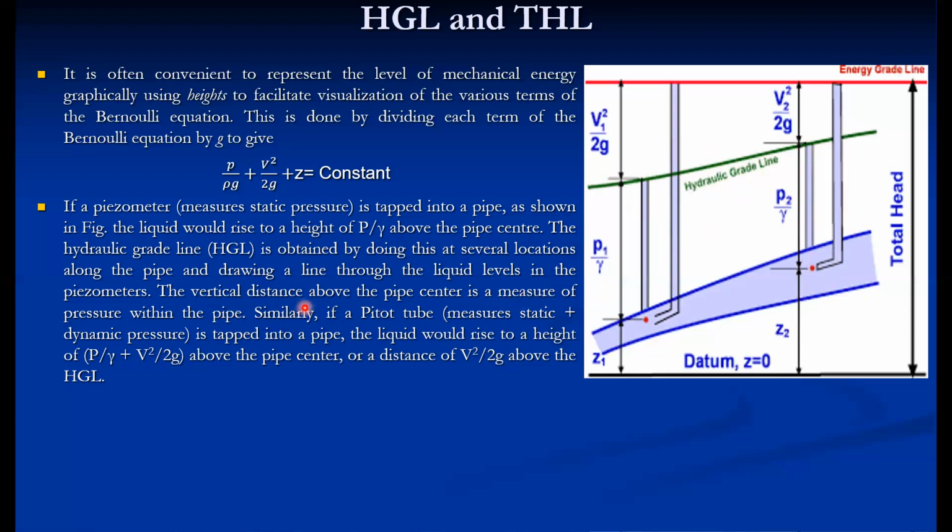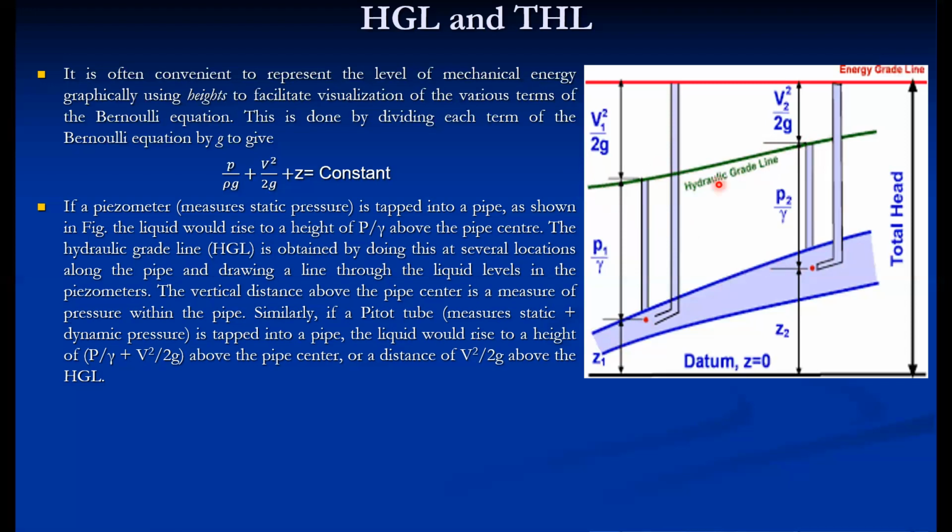The vertical distance above the pipe center measures the pressure within the pipe. So the hydraulic gradient line shows how the pressure, or the pressure and potential head, varies along the direction of flow.